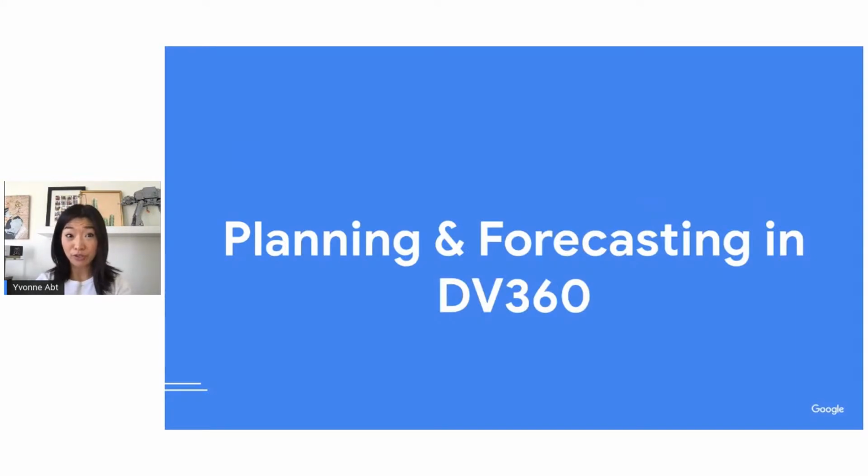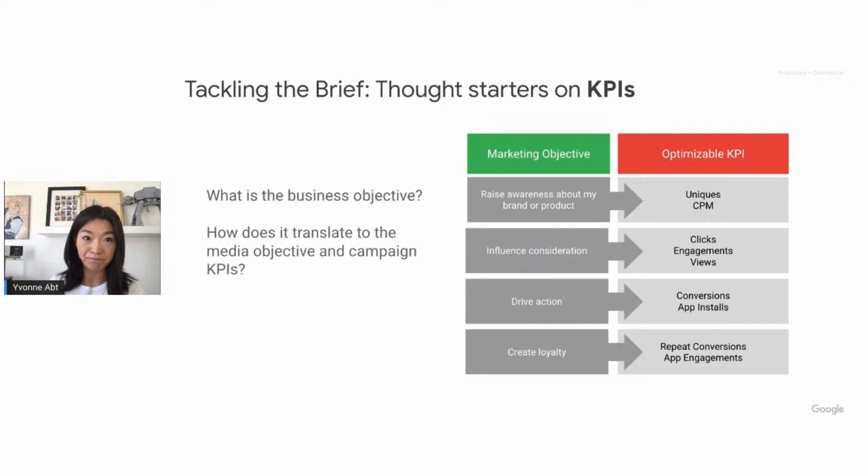So first, we are going to dive into the different tools available within DV360 to help you plan and forecast your programmatic campaigns. We're going to start at the very beginning, that briefing stage. So when you receive a brief from your teams or from your clients, it's really important to look for where it states the marketing objective.